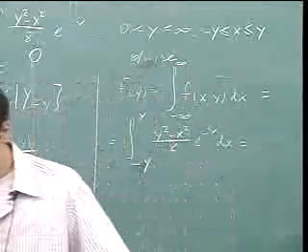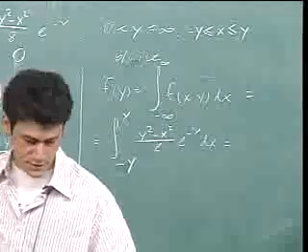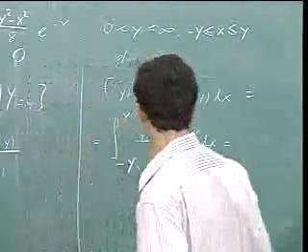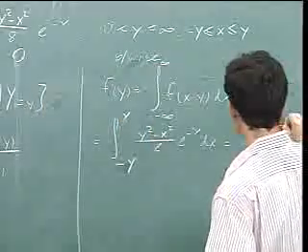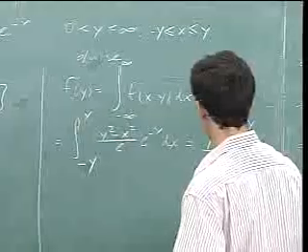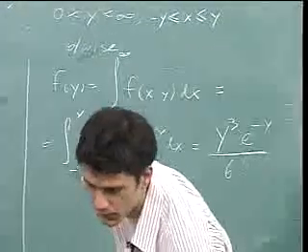And this, after some calculus, gives us a result of y cubed times e to the minus y over 6 factorial.